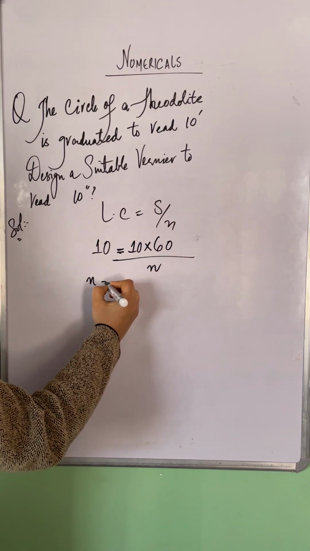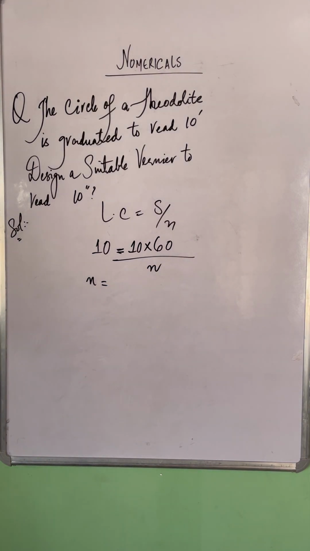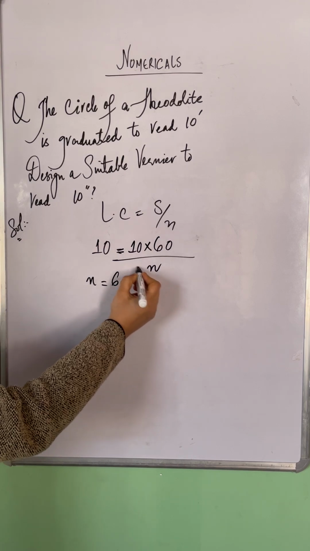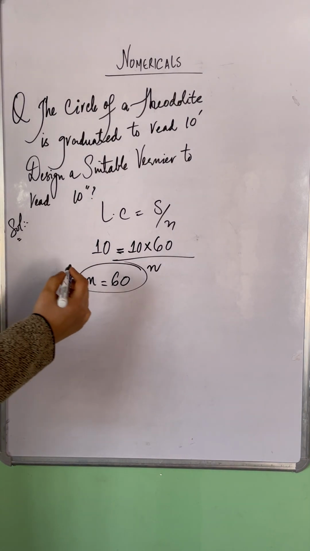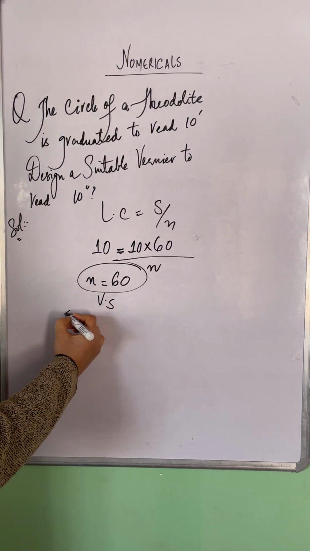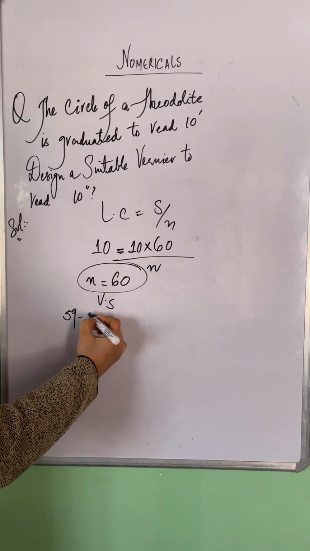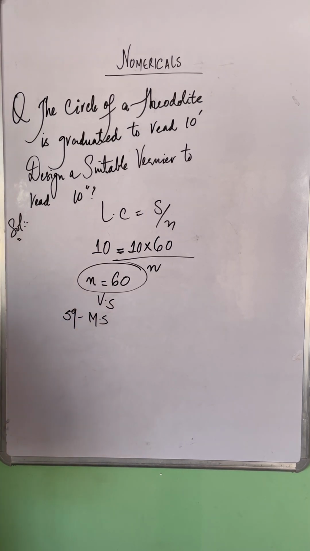So my N will be equal to 60. Therefore, 59 divisions on the main scale will correspond to 60 divisions on the vernier scale to form a direct vernier for this theodolite. Right? Let's do another question.